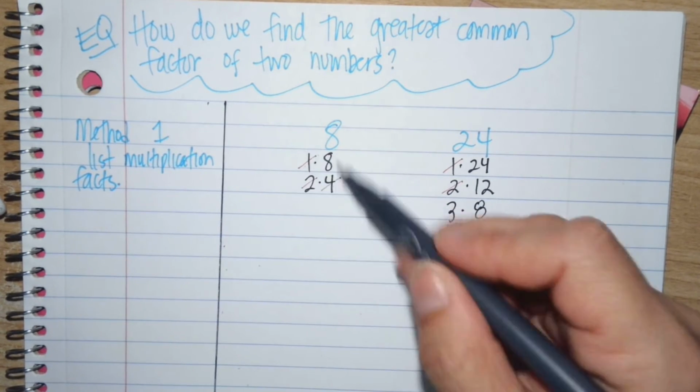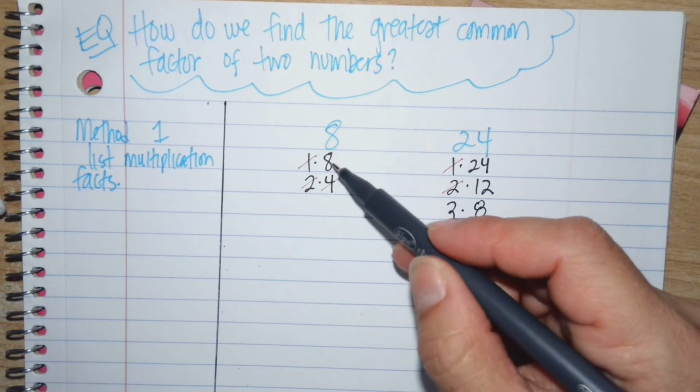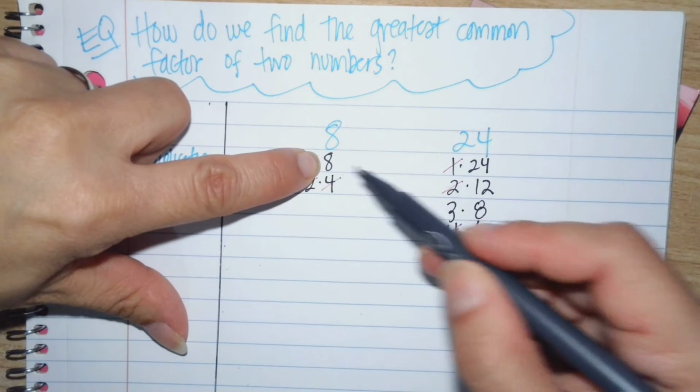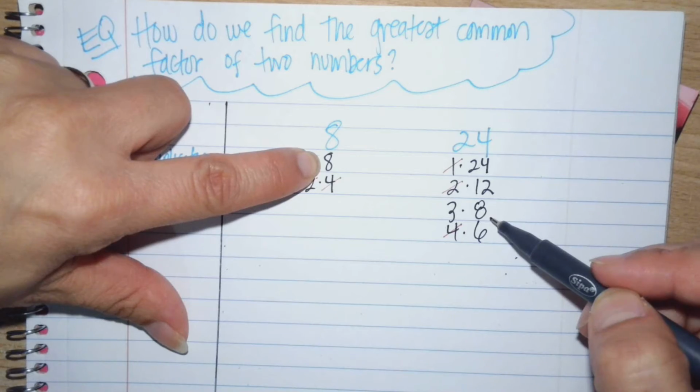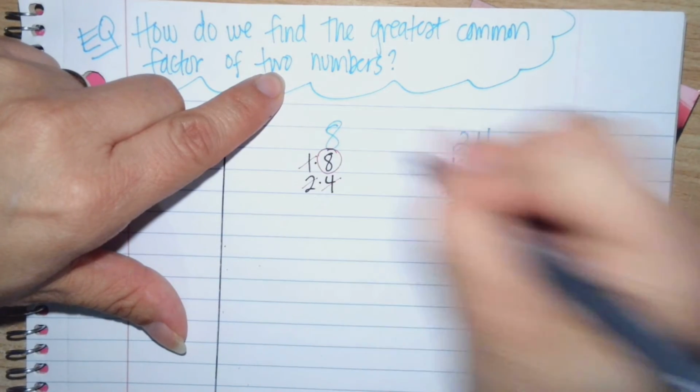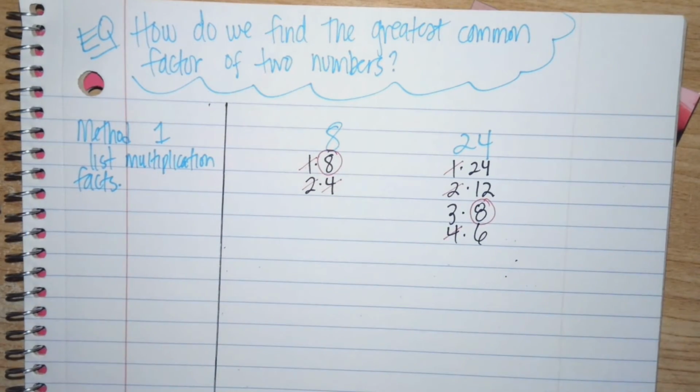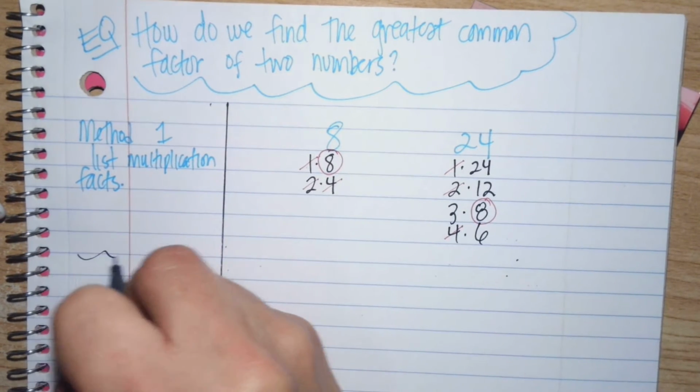And I don't have any more factors of 8 except for 8, so I want to check to make sure that 8 also is on the other side, and it is. So the greatest common factor of 8 and 24 is 8, because that's the biggest factor they have in common. So this is one way you can find the greatest common factor.